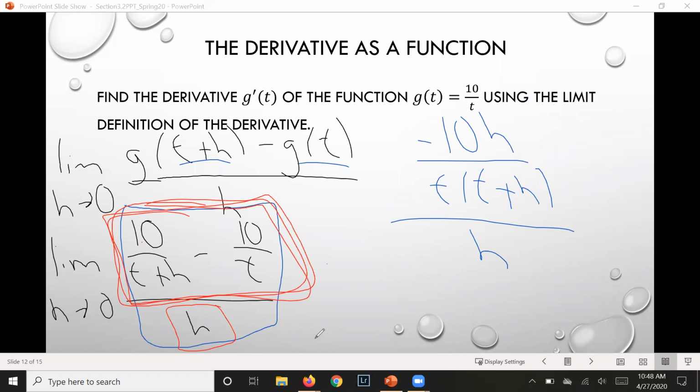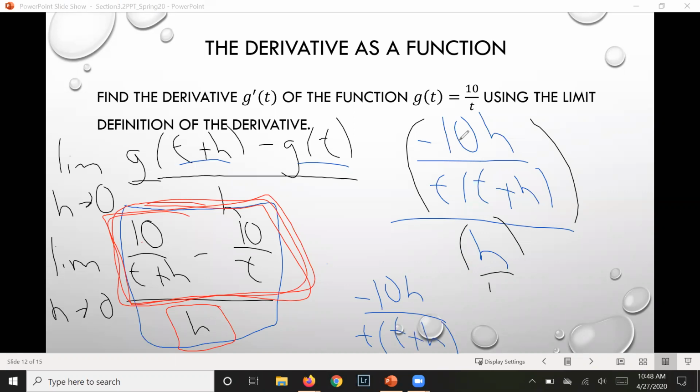So notice we're dividing with fractions here, right? We have a fraction on the top. We're dividing by a fraction on the bottom, which we can write as h over 1. So this will become negative 10h over t times t plus h, times, remember when you divide with fractions, you keep the numerator the same, flip the bottom, and then multiply.